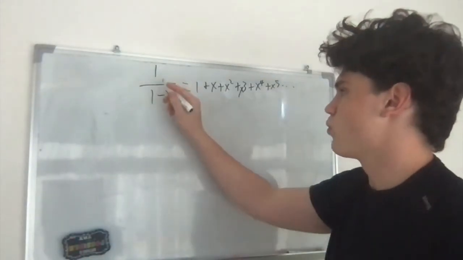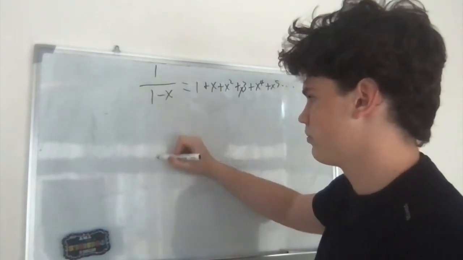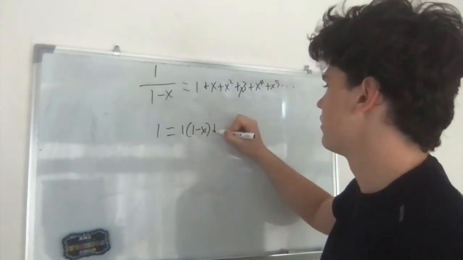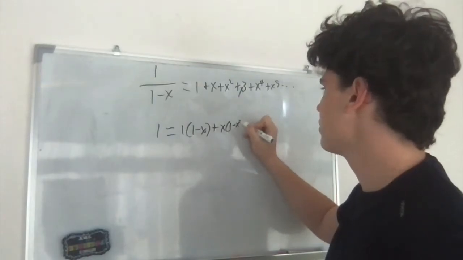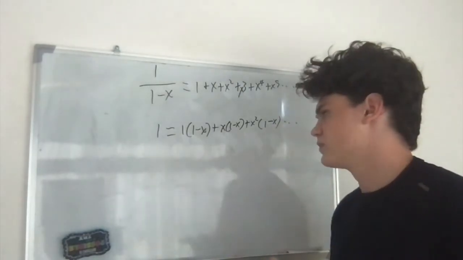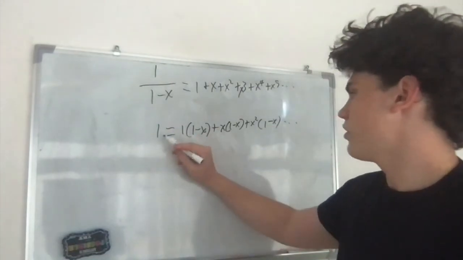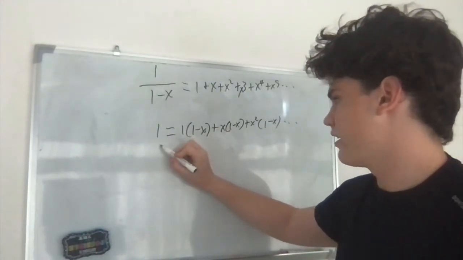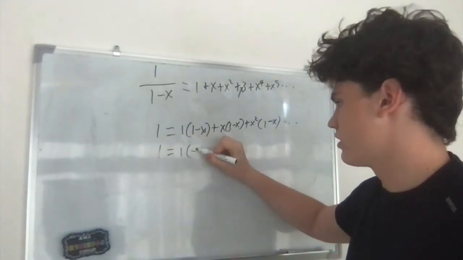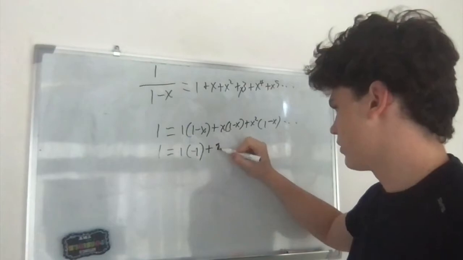So let's take this, and let's multiply both sides by 1 minus x. So that gives 1 equals 1 times 1 minus x plus x times 1 minus x plus x squared times 1 minus x, and so on. Well, let's try to substitute in 2 for x, right? So, dealing with this, we'd have 1 equals 1 times minus 1 plus, what would that be?